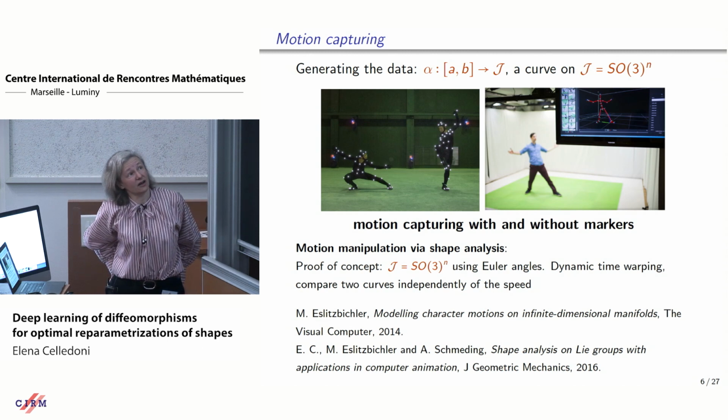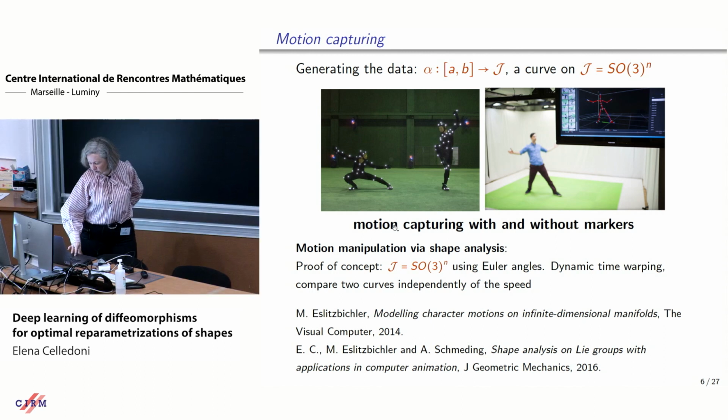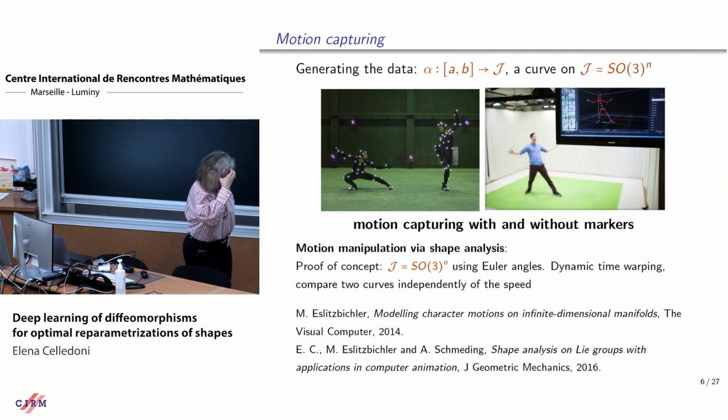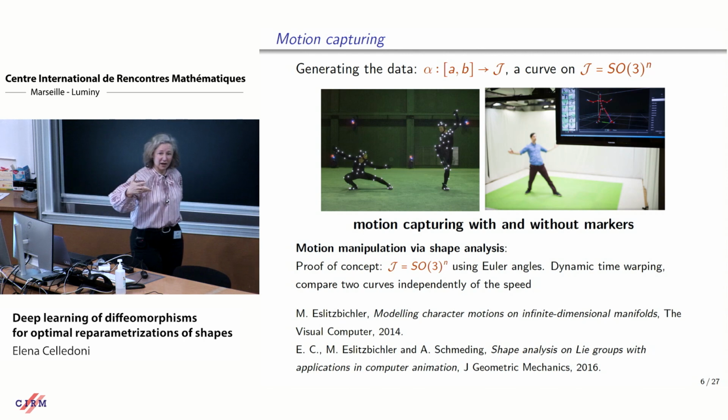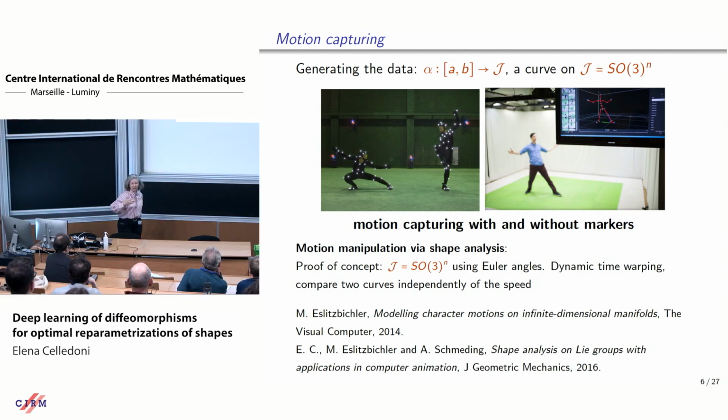So here, at the beginning, what we realized is that it's a useful thing to look at the data, especially if you want to compare animations or activities, independently of the speed. And then you do what is called dynamic time warping, and you try to align these curves in an appropriate way. This means essentially that you have to look at them independently of their parametrization.